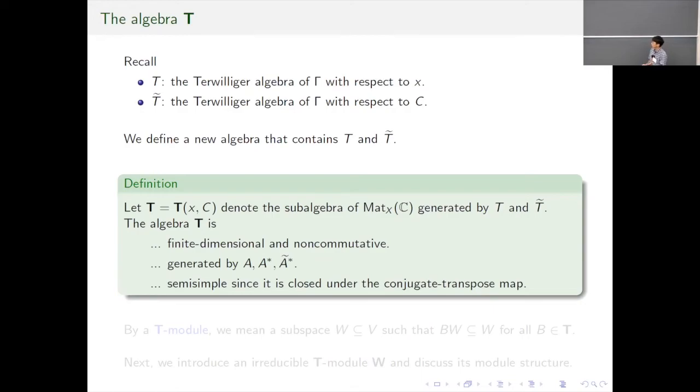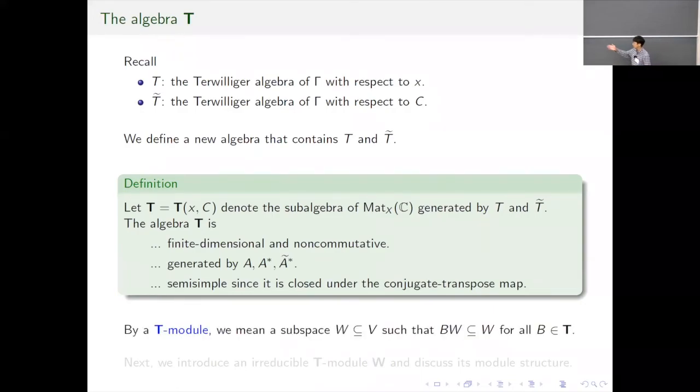Likewise, as with the ordinary T algebra, we define the bold T module. By a bold T module, we mean a subspace W such that BW is contained in W for all elements B. I just call this a generalized Terwilliger algebra, but it's not a formal term. For convenience, I call it that.